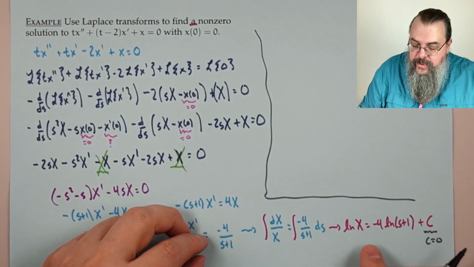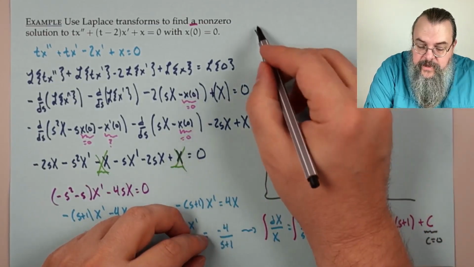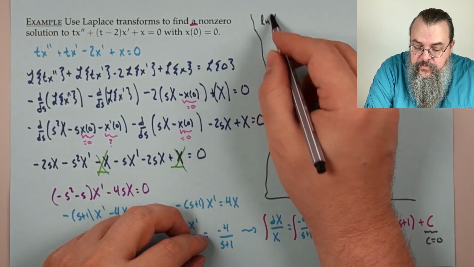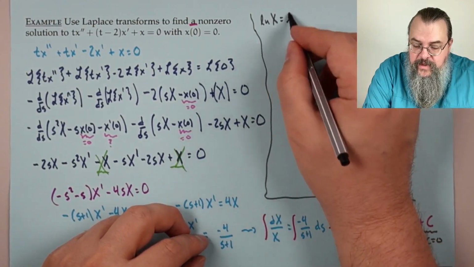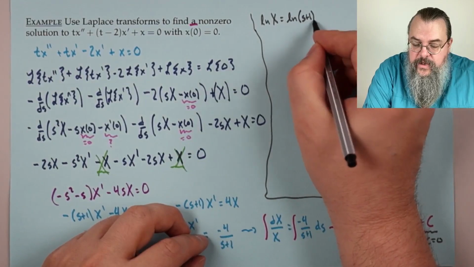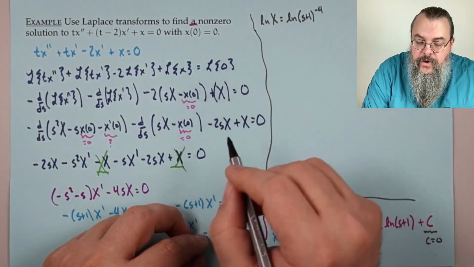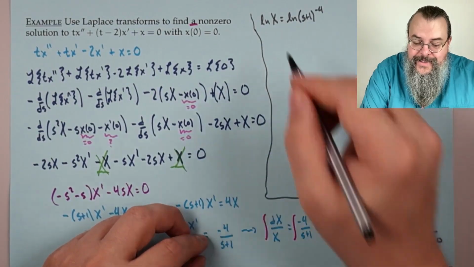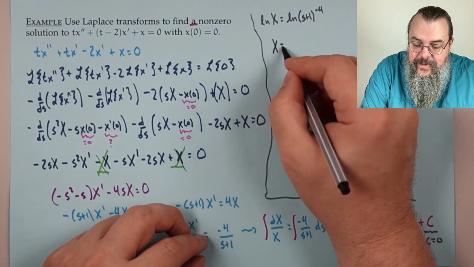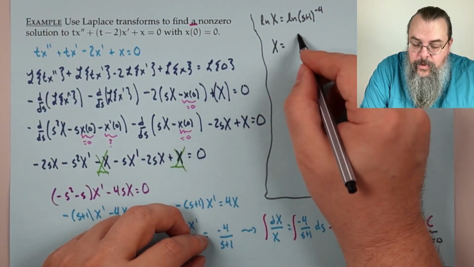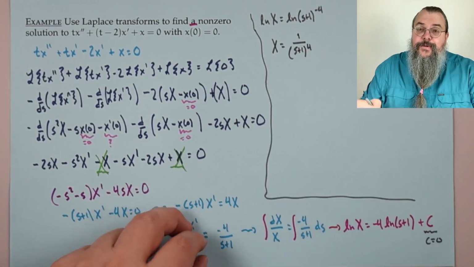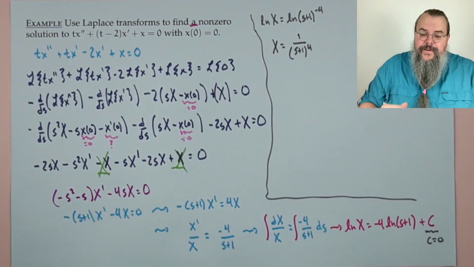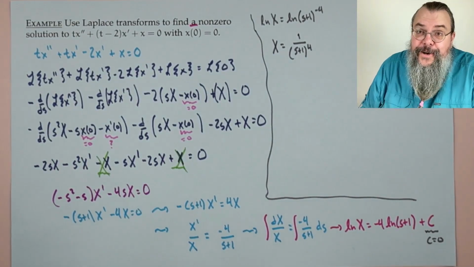We can now say, well, that says that log of x, we can move that minus 4 in, so that's the same as natural log s plus 1 to the minus 4, or getting rid of logs, x is 1 over s plus 1 to the 4, right? Because s plus 1 to the minus 4 means you have a minus 4 downstairs.